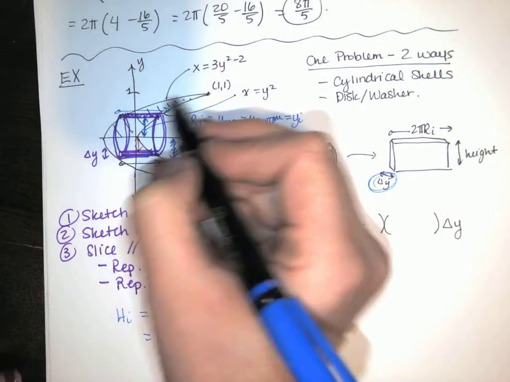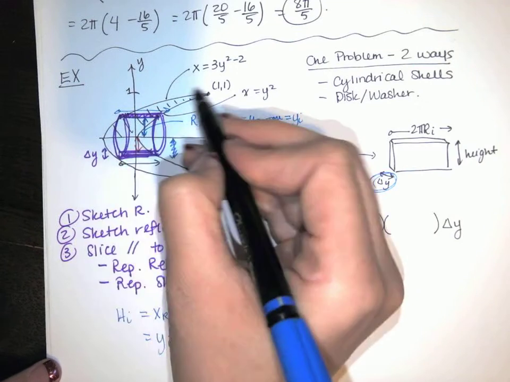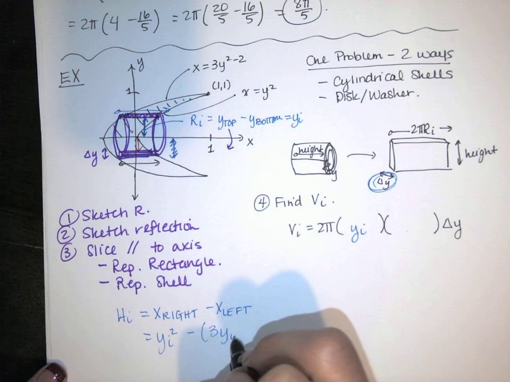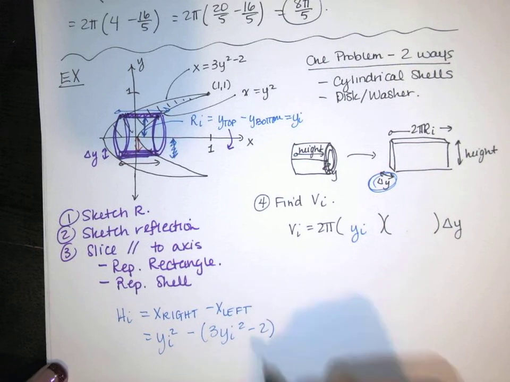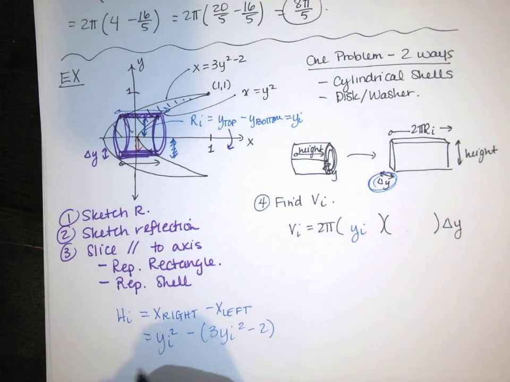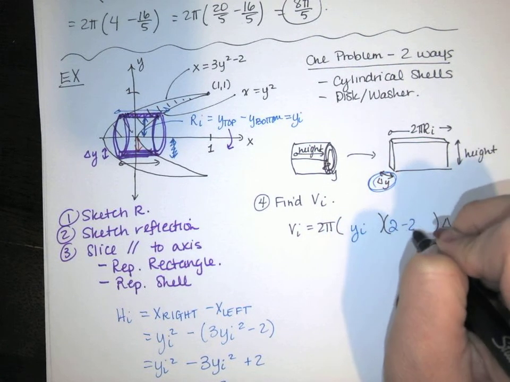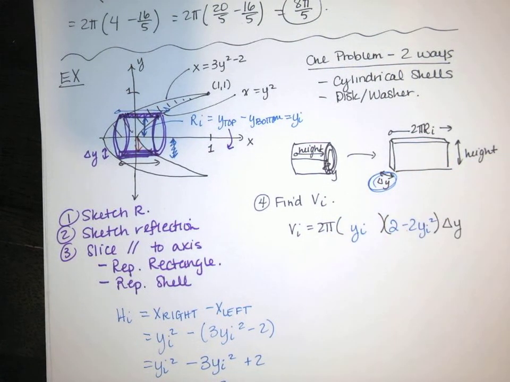X on the left is the x value on this curve as a function of y, and we were given that as a function of y, so that works out. So we've got that. So we can simplify that because we've got y squareds everywhere. So you've got a 2, and one of these minus 3 of them is minus 2 of those. So that's our height, 2 minus 2 y sub i squared.